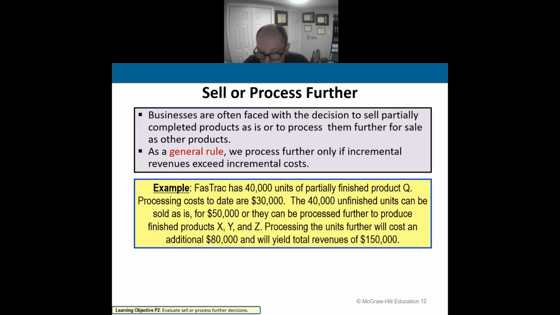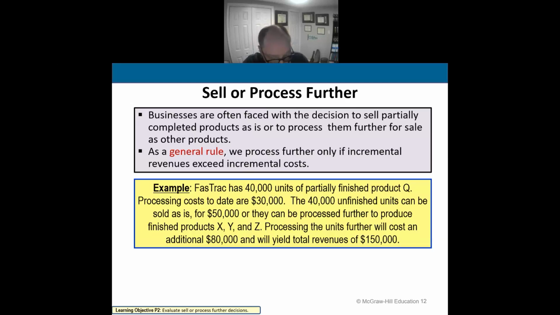That gives me $100,000 in total cost. Wait, I'm sorry, I did that wrong. 80,000 plus my original cost of 30,000 gets me a total cost of 110,000.